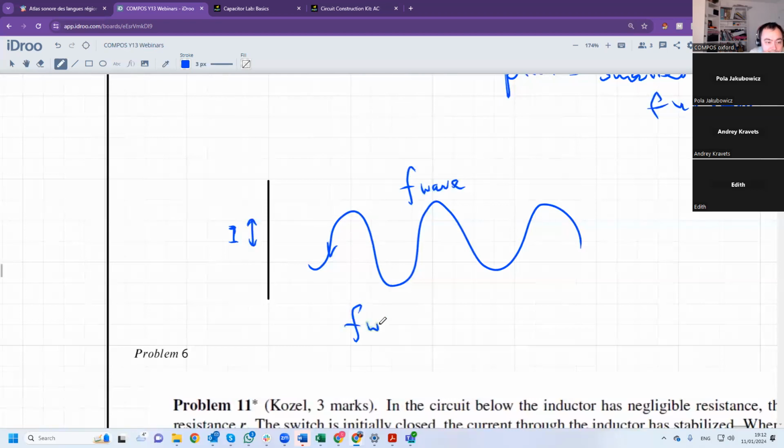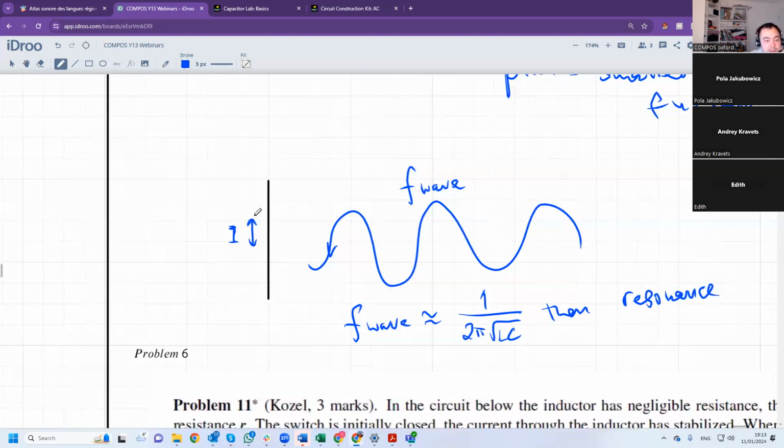If the frequency of the wave is approximately equal to 1 over 2 pi square root of LC, then you have resonance.